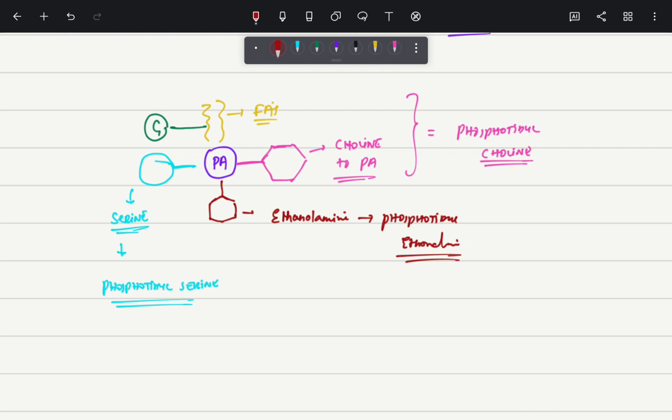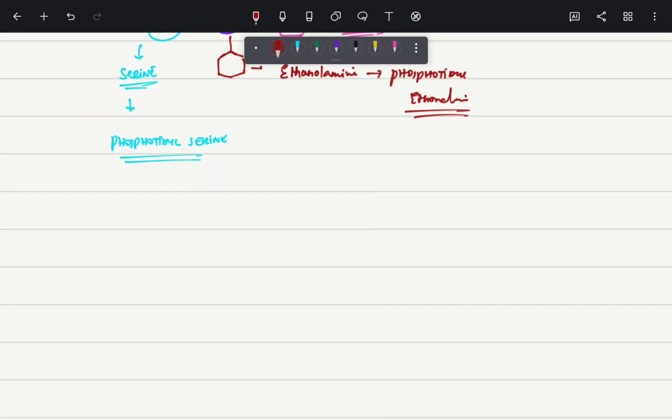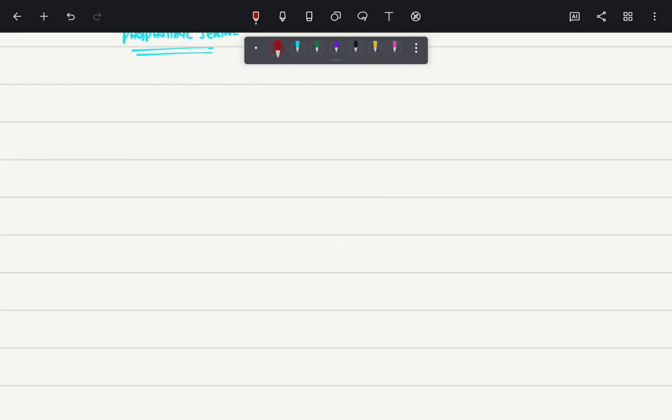That will take a long time. So to this phosphoric acid you can add choline, or we can add ethanolamine, or we can add serine, and the respective glycerophospholipid synthesis will occur. Okay, if you are clear with the glycerophospholipids, the next thing we are going to see is the structure of sphingophospholipids.